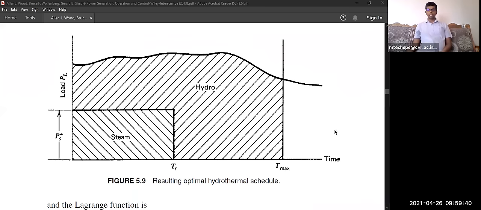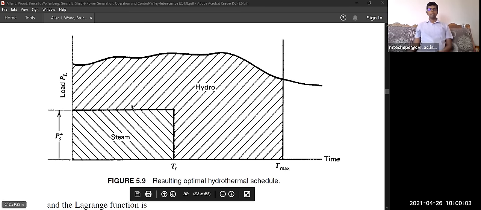When we combine the steam and hydro power plants in hydrothermal scheduling, you can see the maximum power generation happens from the hydro power plant only, when compared to the steam power plant.